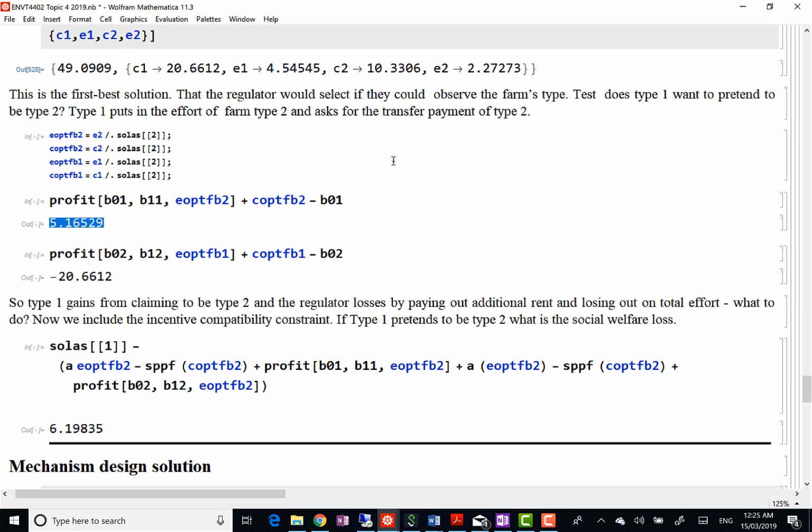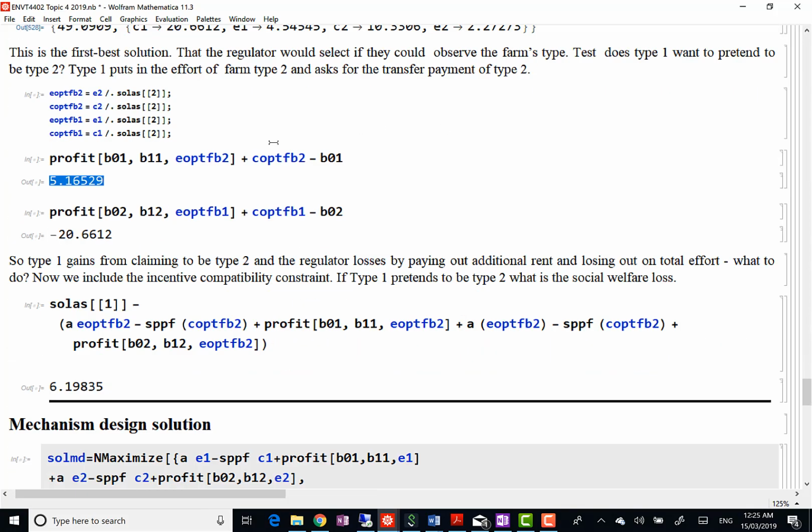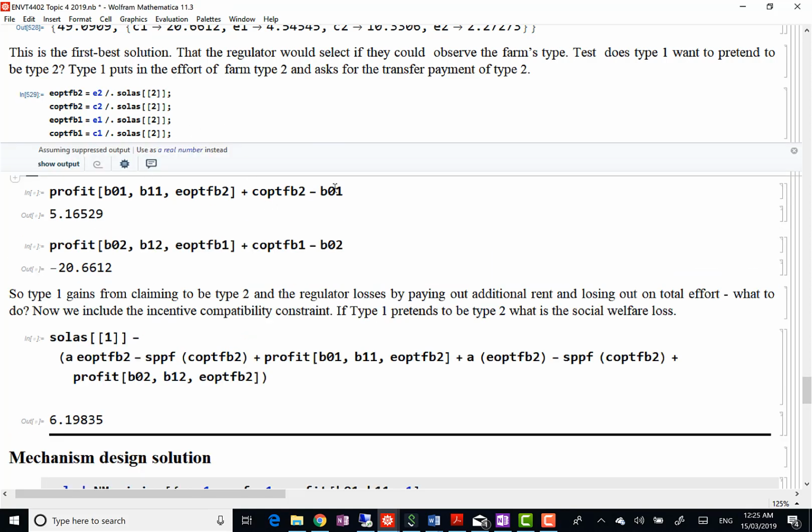That's the first best solution. But if we set it up so we've got the two farmers being offered separate contracts, then there's an incentive for farmer 1 to choose the contract intended for farmer 2, and we can just check that.